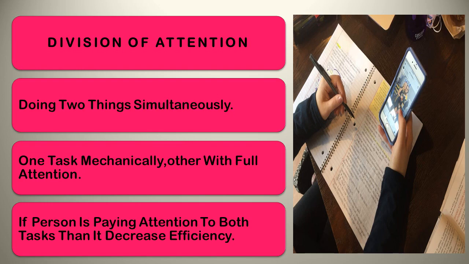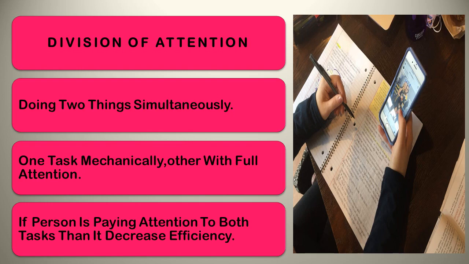So, division of attention can be defined as our brain's ability to attend to different stimuli at the same time and respond to the multiple demands of our surroundings. Our ability to attend to multiple stimuli and to do various tasks at a time.